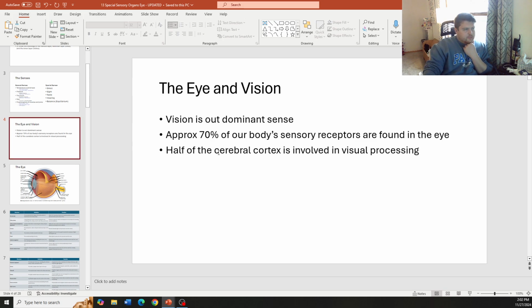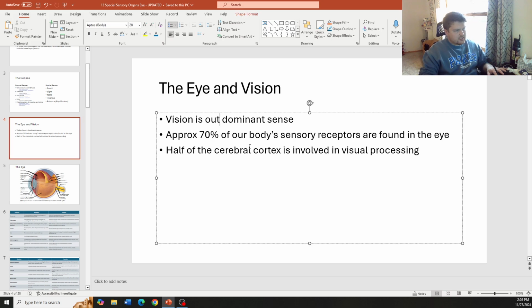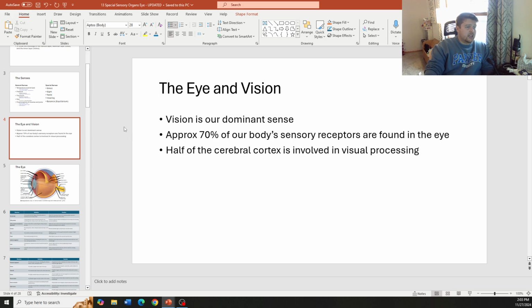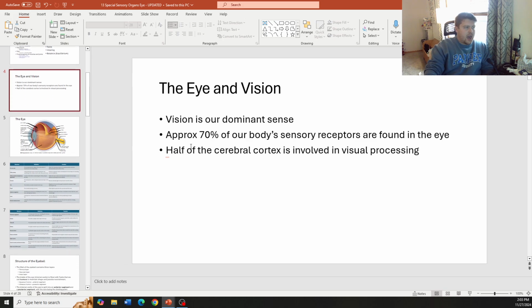Vision, specifically, is one of the most important ones. It's our dominant sense. In fact, 70% of our body's sensory receptors are found in the eye, as well as half of the cerebral cortex, so half of that main chunk of the brain, is involved in visual processing. This is an extremely important component of our brain.